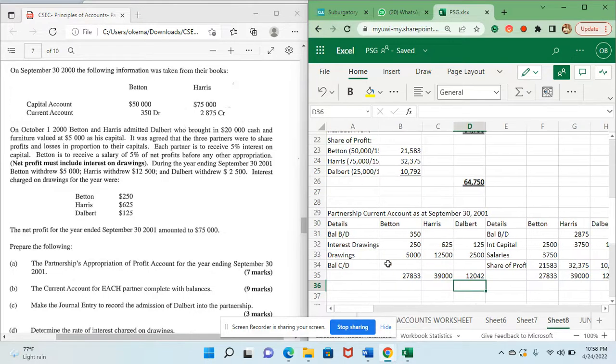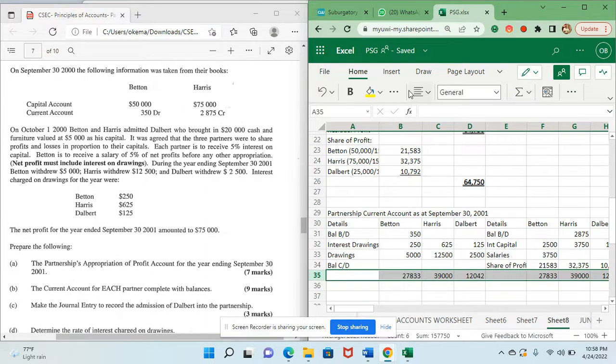Again, our balance carried down would just be the difference between the debit and the credit sides, right?